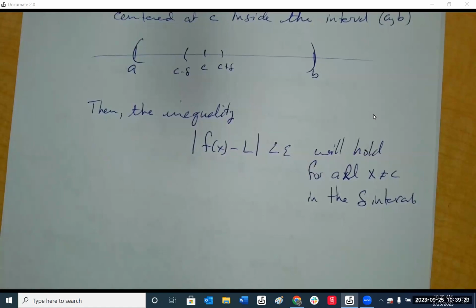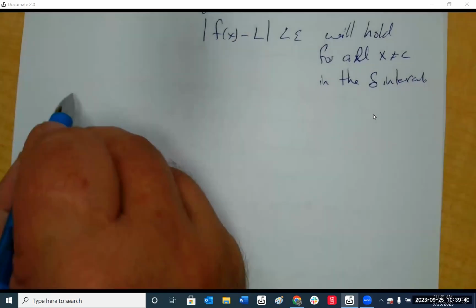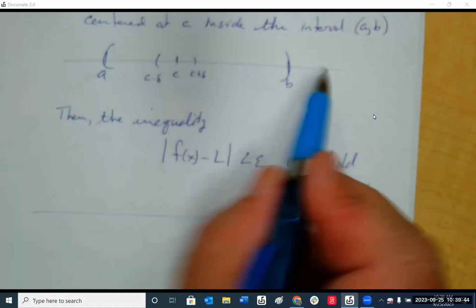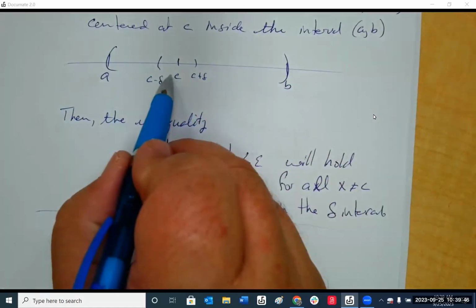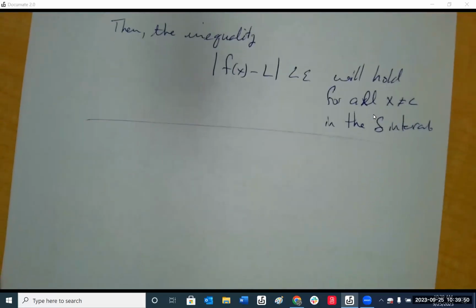Since it is defined in the open interval (a, b), and we have c inside (a, b), that means that c minus delta and c plus delta also have to hold.